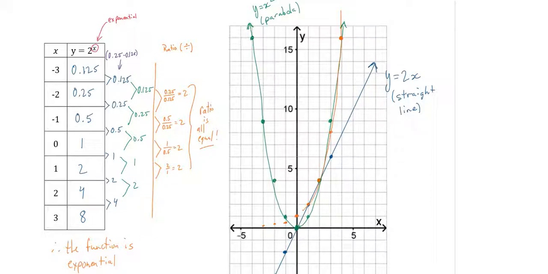Okay, and this is y equals 2 to the x. And it has that always increasing or always decreasing look to it. It doesn't curve back up. Some people say it looks like a J or an L, kind of like that, okay?